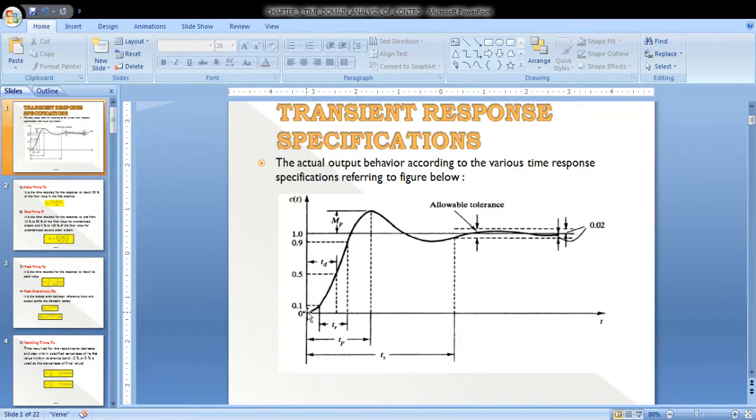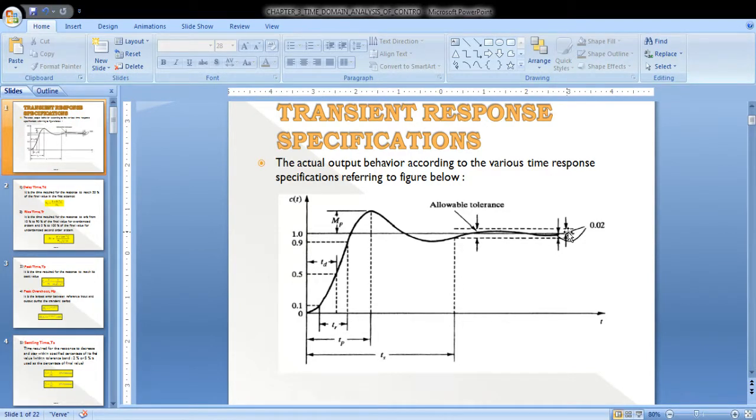At 0 seconds we start giving input and gradually the output starts increasing. Initially it has some basic oscillation, considered the transient response, and after some time it becomes steady until it reaches the steady state. Before reaching the steady state, it passes through multiple oscillations, considered the transient response.